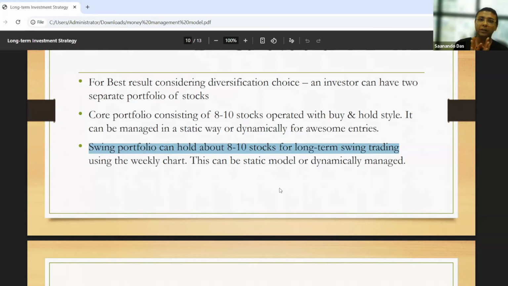We have learned the best practice would be to diversify your stock portfolio into two parts. One is the core portfolio, that is more buy and hold. You don't want to square up them very easily.